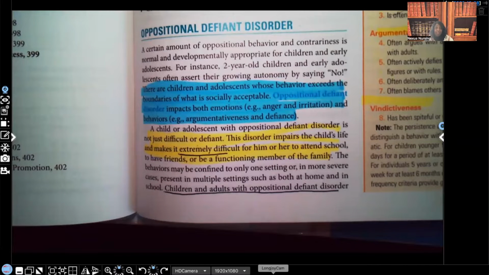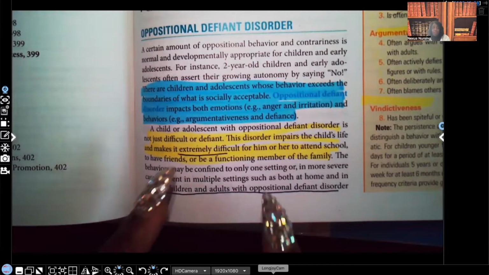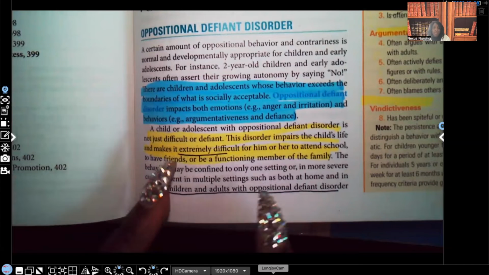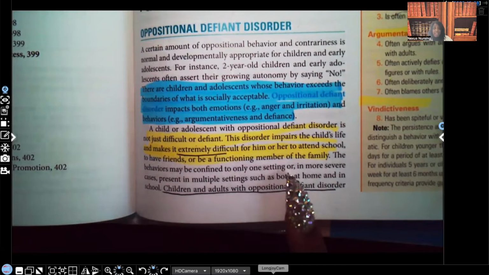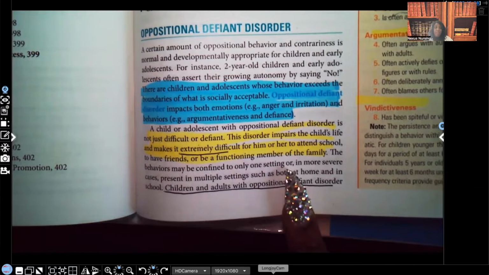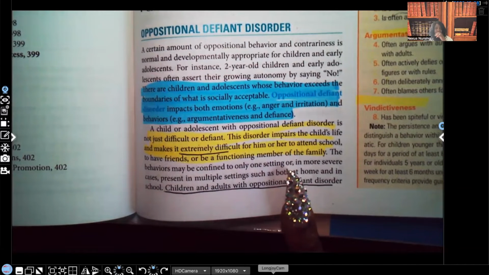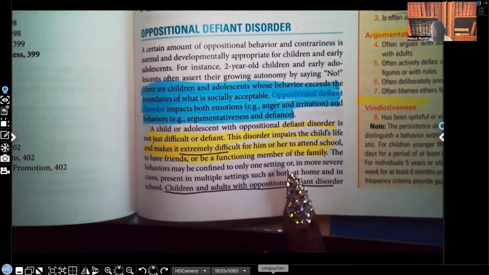That's how they learn about themselves. Remember, their job is self-identity, right? So the children and the adolescents that have this disorder, it affects their daily life. They can't play appropriately to learn about their environment if they're a smaller child, and they can't socialize and keep friends and have those friend groups appropriately if they're an adolescent, okay? They can't be a functioning member of the family. They usually skip school or even drop out.